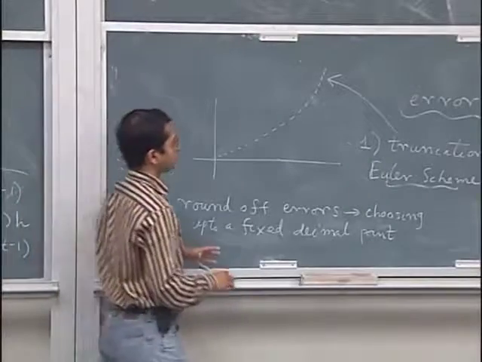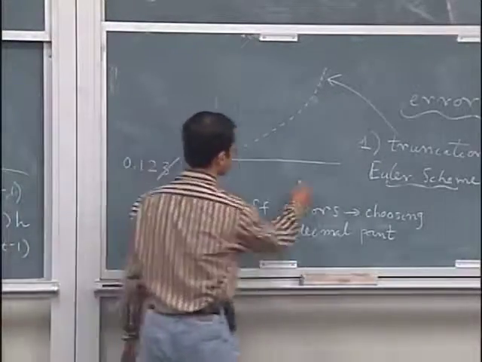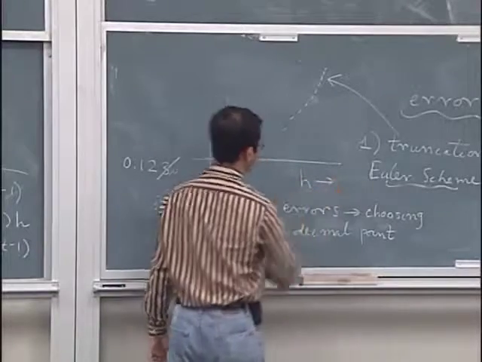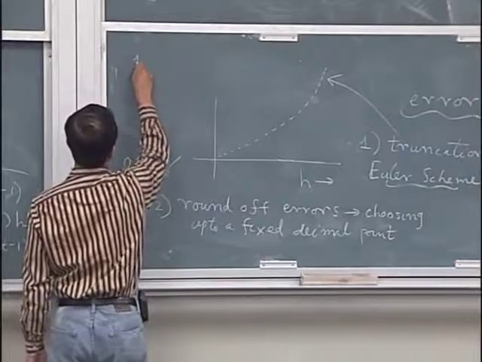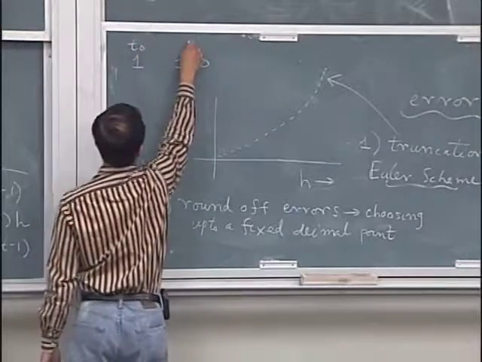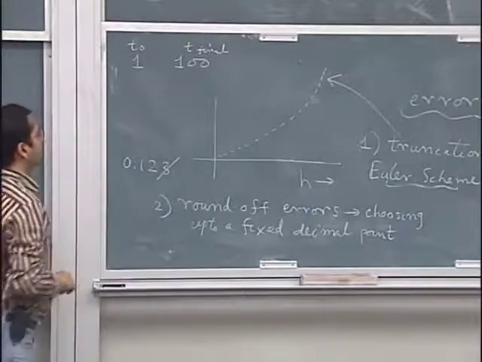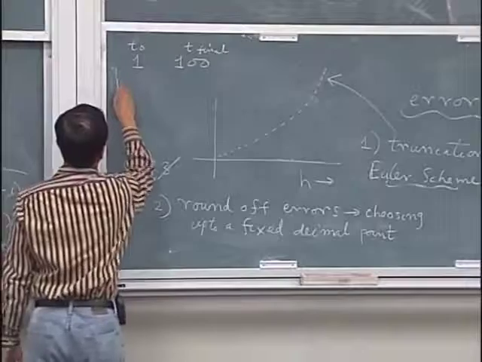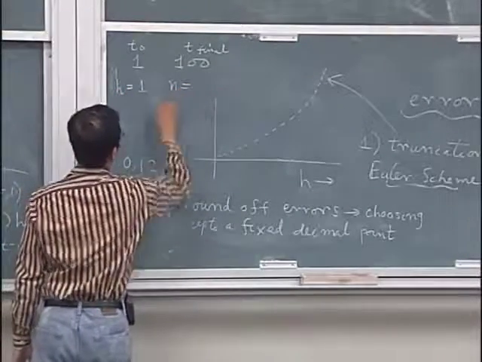Now, if your calculation involves fewer number of steps, so if you increase h, suppose you are solving some equation between time 1 and time 100, t0 to t final. Okay? And now you choose h equals 1. How many times are you solving this equation?